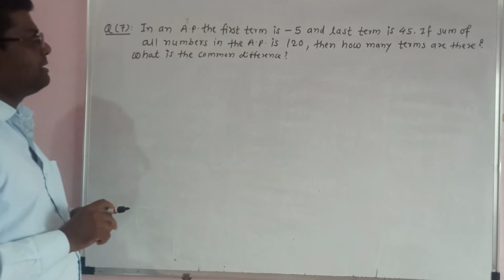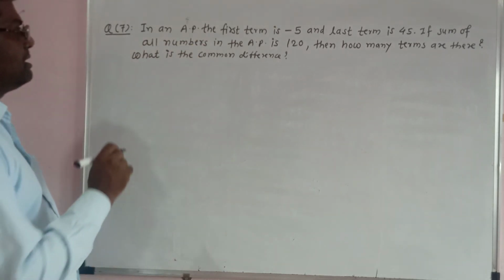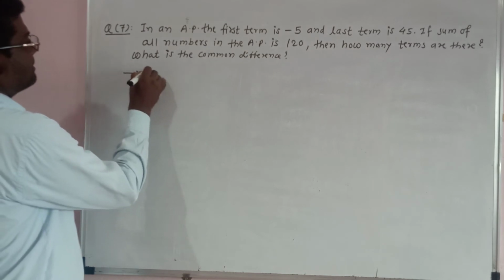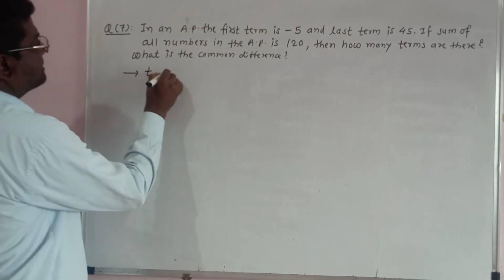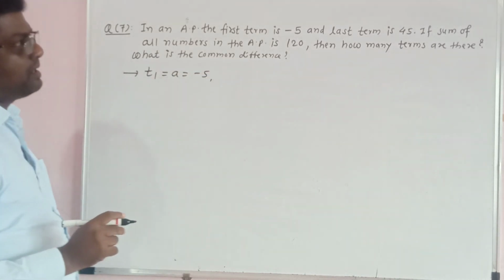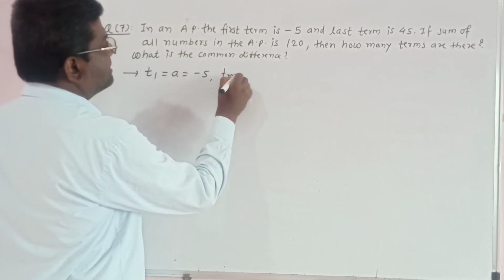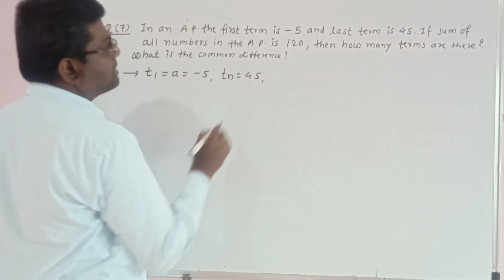Question number 7. If in an AP the first term is minus 5, that is T1, the first term a, is equal to minus 5, and the last term is 45. Last term means Tn is equal to 45.